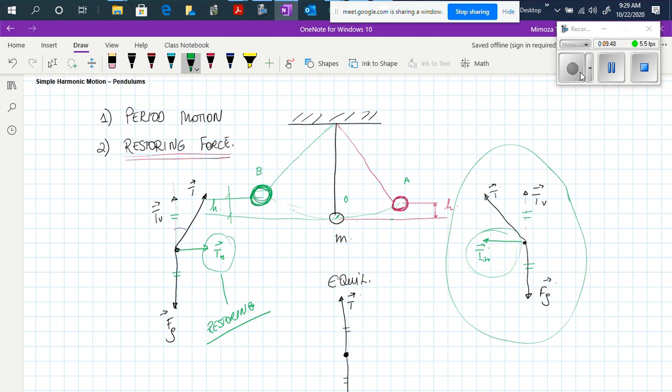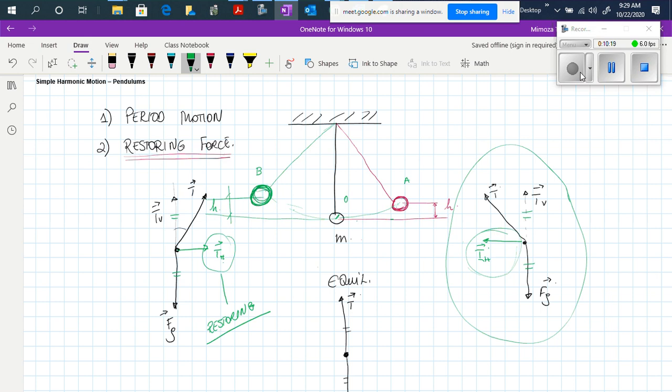So now we have the two conditions to be completed. We have a periodic motion: in an ideal situation, as soon as we give some potential energy, the object will keep swinging left and right along the equilibrium position. And we have a restoring force that is toward the equilibrium.